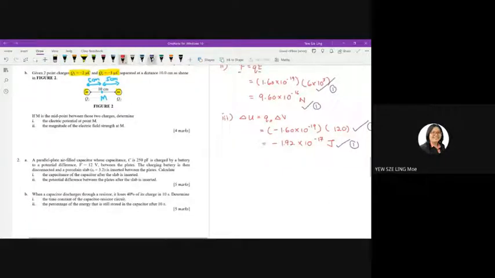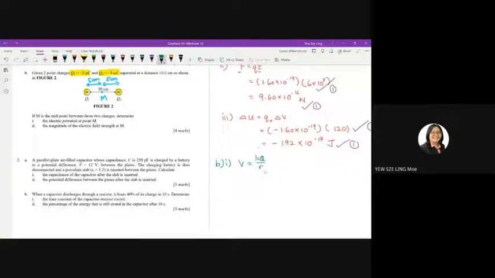Electric potential, what is electric potential? Electric potential is V. Many of you calculated electric field, E, which means you don't understand the meaning of the name of the variable. So question B1 is asking for V. V equals kQ over r.